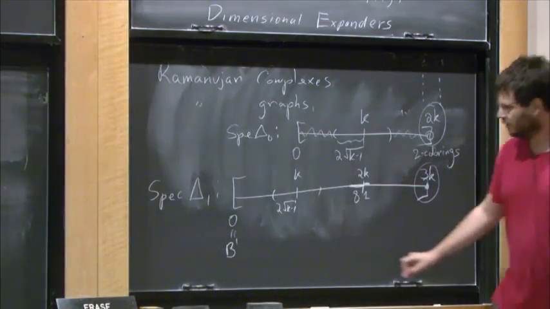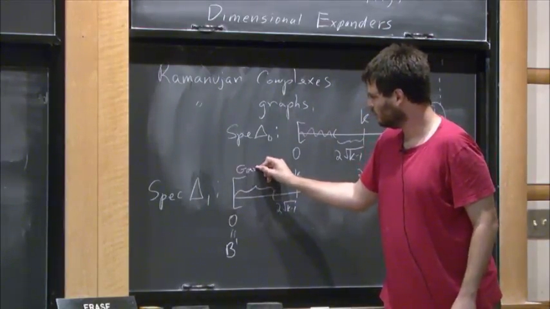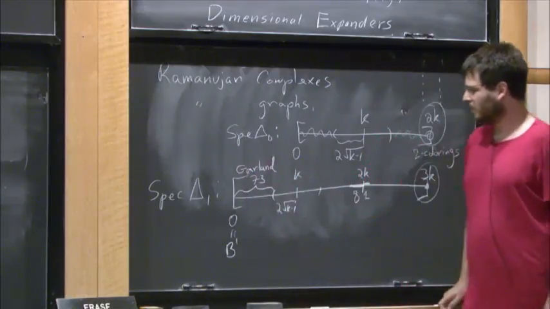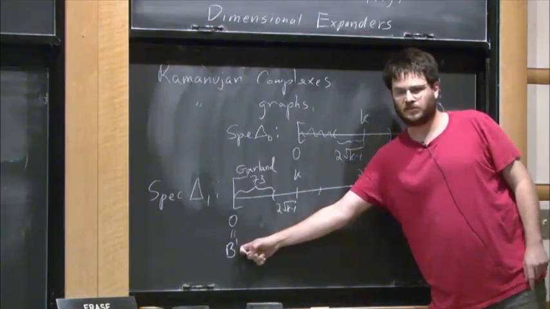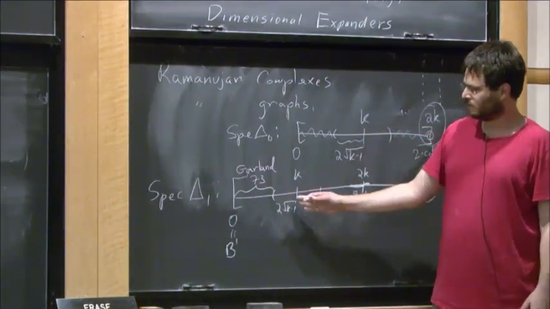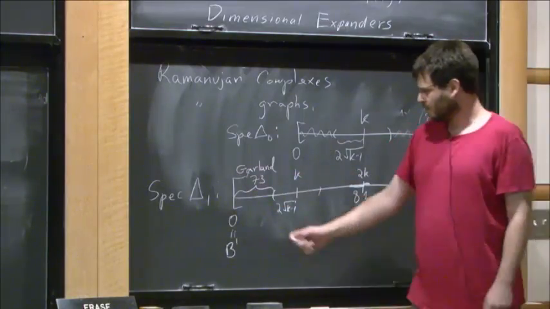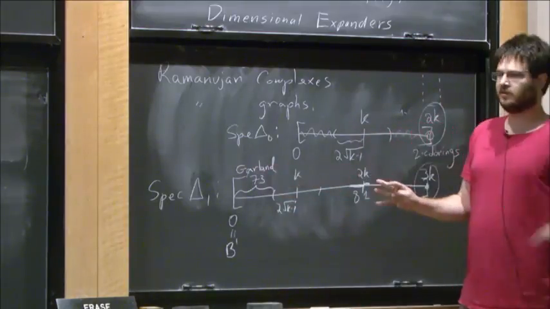I should say that this was already known to Garland. This is work from '73. And he was interested in the Hodge theory. He wanted to show that the cohomology is trivial. So he gave a lower bound for the spectral gap, which gave trivial cohomology. And later on, people understood that his argument is purely combinatorial.